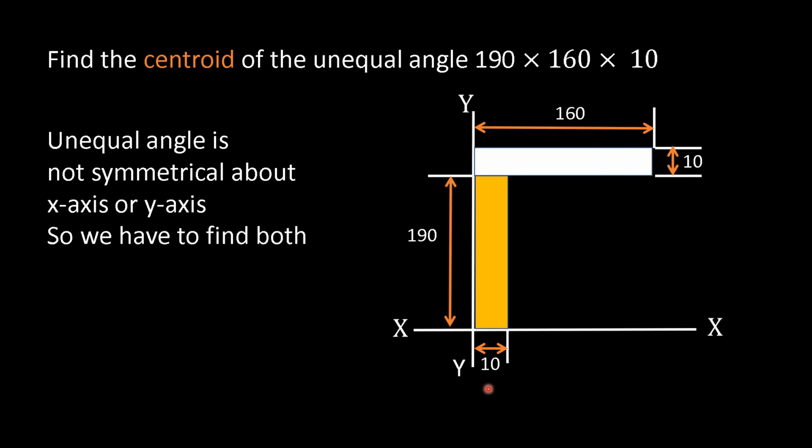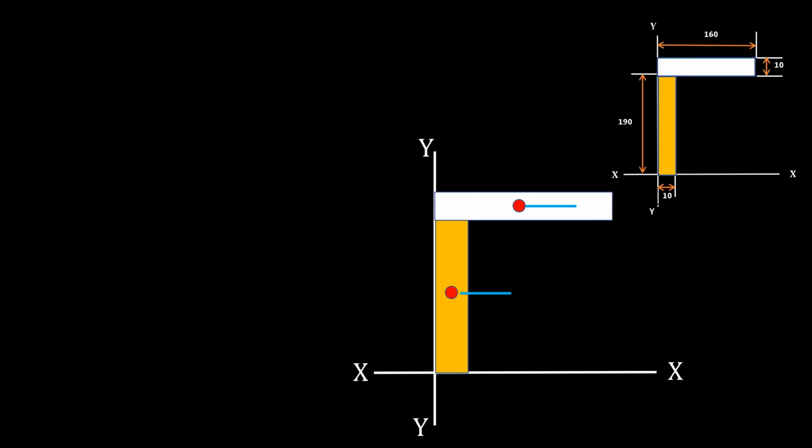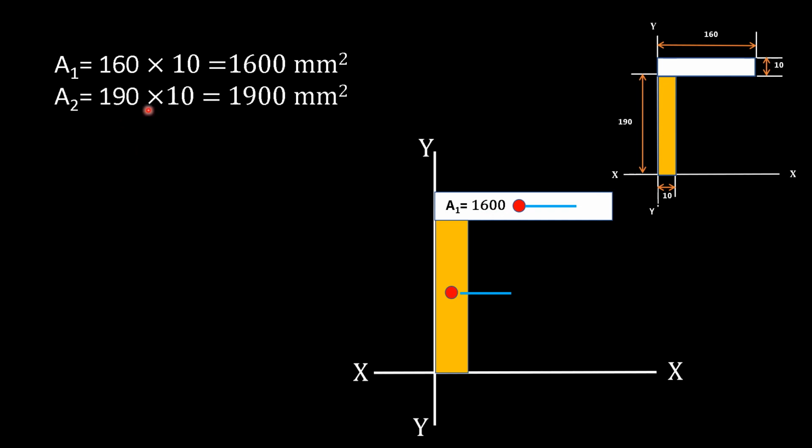So we have to find both x bar and y bar. A1 equals 160 multiplied by 10, which is 1600. A2 equals 190 by 10, which is 1900.